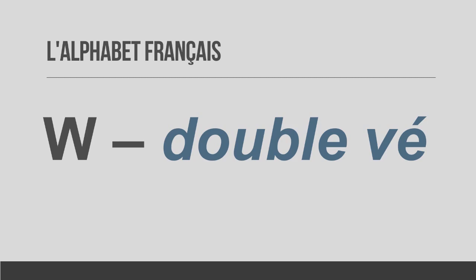But in French it's not double U. And I think this is more accurate because it's actually double V, right? W, W, W. Notice that at the end of the word double, it's not E, it's not double, it's double because the last letter is U. Double V.